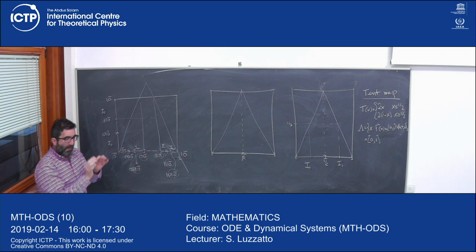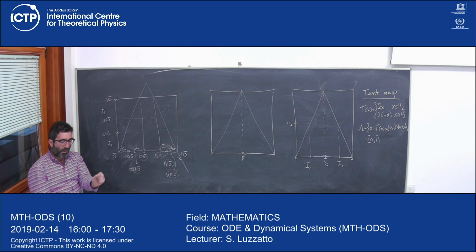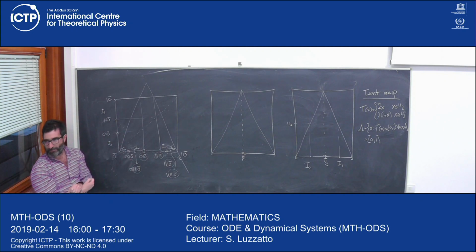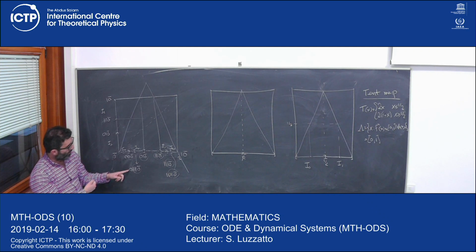So at every level of the Cantor set, you have this property. You take a little gap, you take the two boundary points, and they stay together for a certain number of times, and then at some point they fall exactly on these two. Yeah, you can see this happening? Yes? Good.